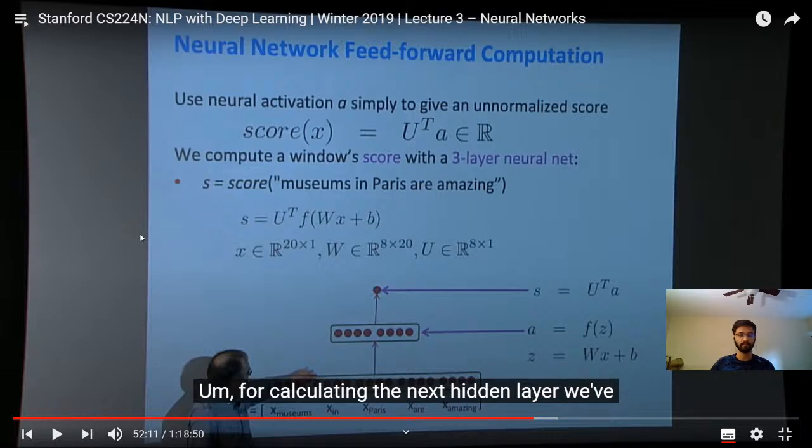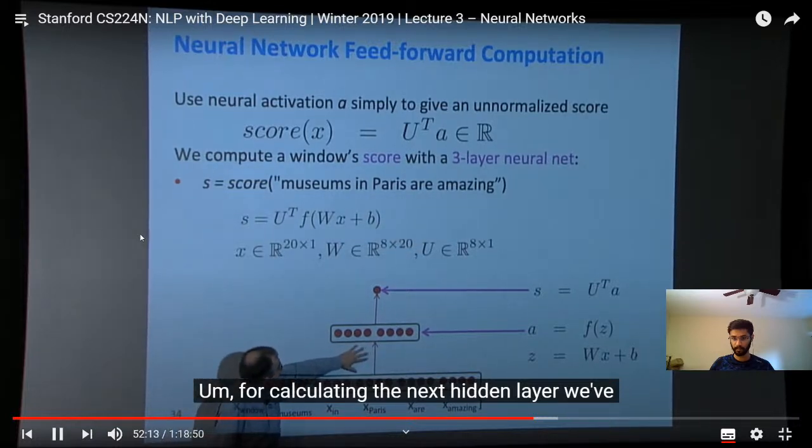Oh, I see. I'm guessing it's x1, x2, x3 plus 1. I may be wrong. I'll have to assume this for now, and let's see if this gets tested. X is 20 by 1. W is 8 by 20.